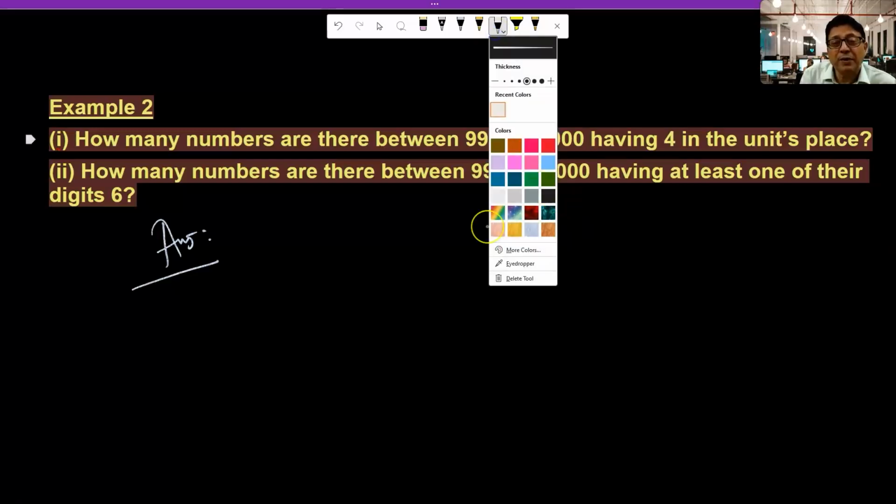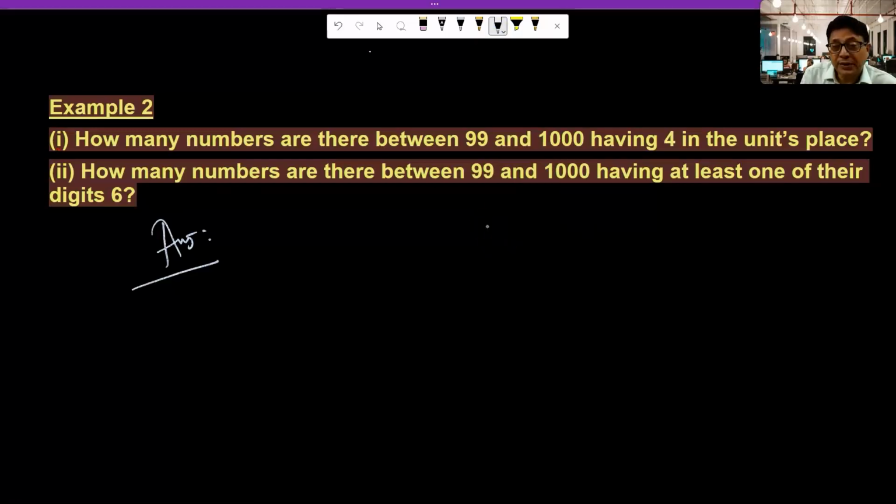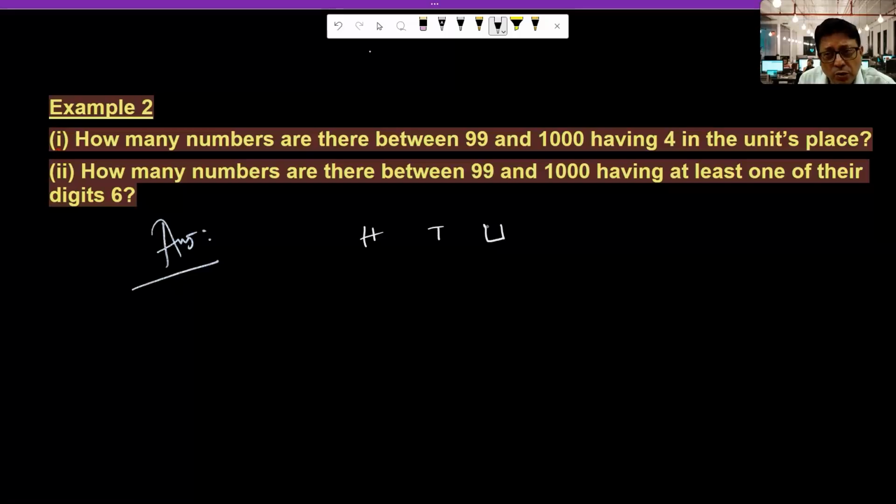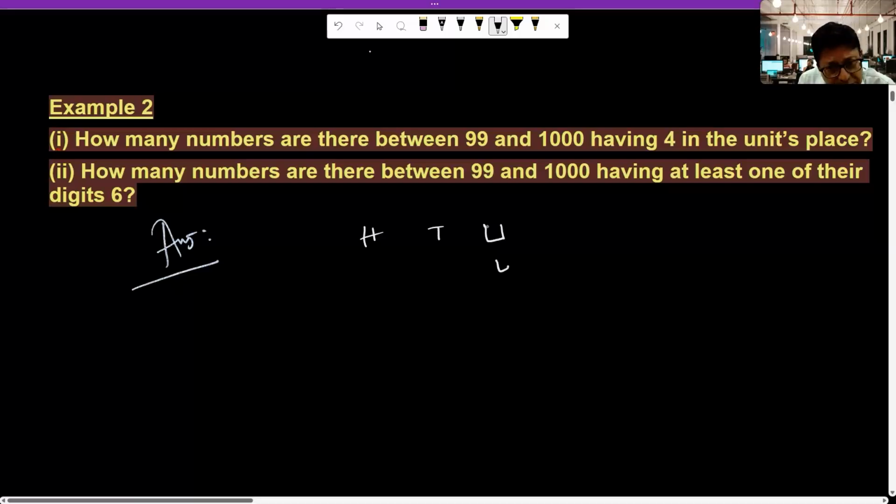Between 99 and 1000, between means you cannot take 99, you cannot take 1000. The number cannot be of 2 digits, it cannot be of 4 digits. They are all of 3 digits: units, tens and 100s. 4 will be occupying the units place.